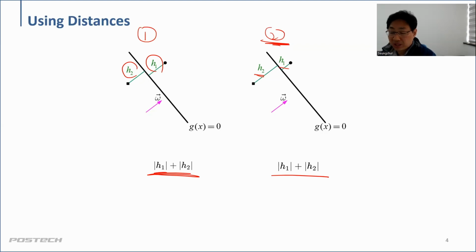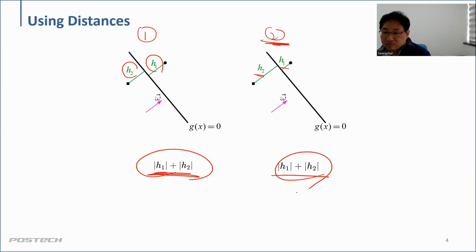So which one is bigger, or which one is smaller? Or are those two the same?